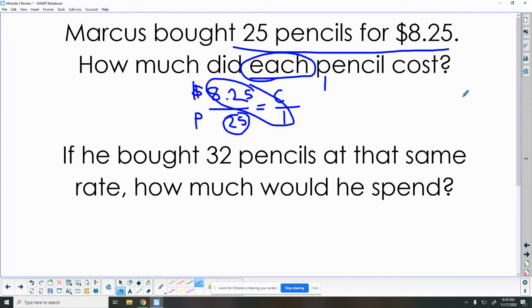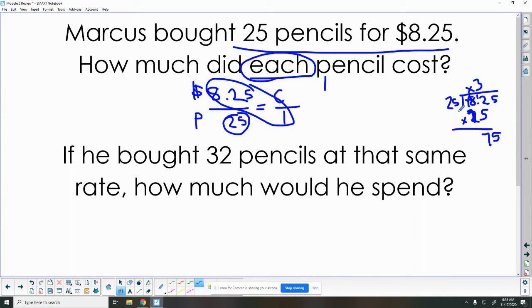So 825 times 1 is 825, and we're dividing by 25. So it can't go into 8. I'm going to bring my decimal up, but it can go in here 3 times, which is 75. 75. And I'm going to borrow. So 12 minus 5 is 7.